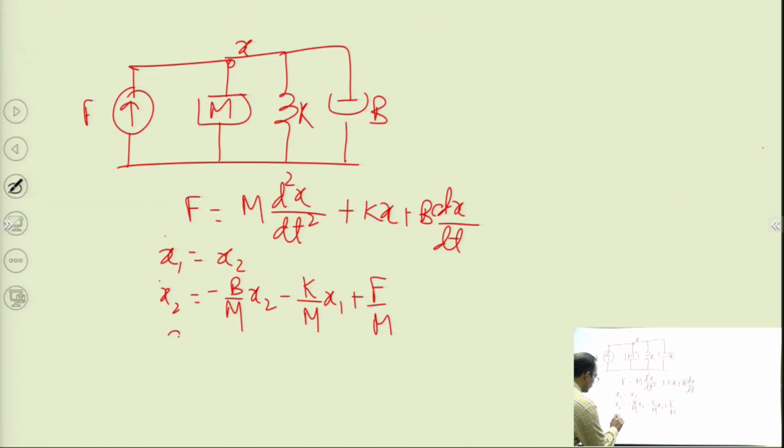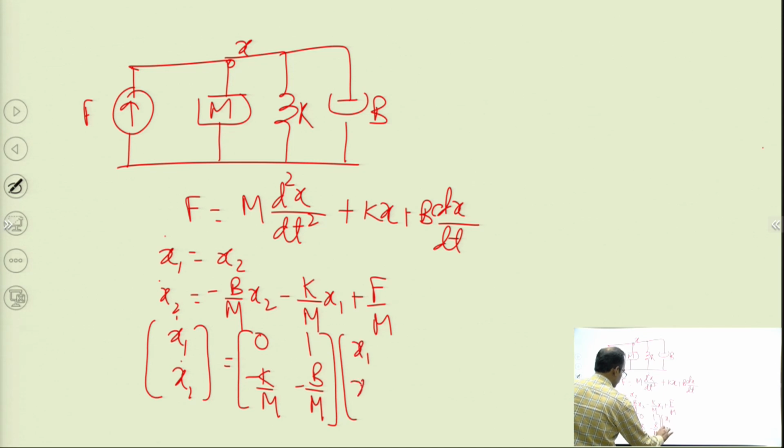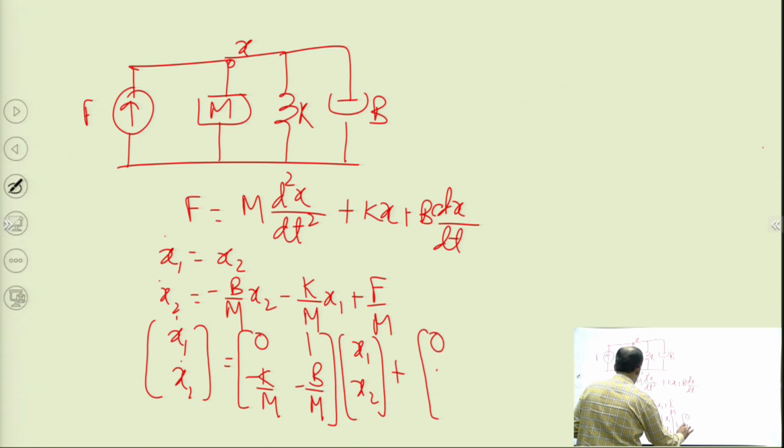So x1 dot, x2 dot is equal to the matrix 0, 1, minus k by m, minus b by m times x1, x2, plus 0, f by m times u.